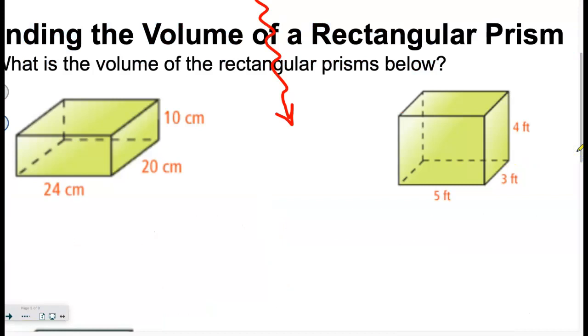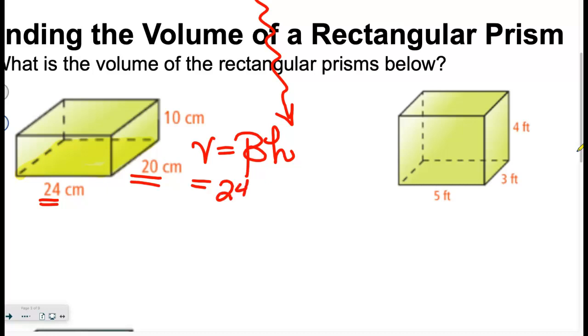So if it is a rectangular prism, and we say, oh, we're going to do capital BH, go ahead and write that down. The area of the base down here is a rectangle. To get the area of a rectangle, we do length times width to get the area of the base.